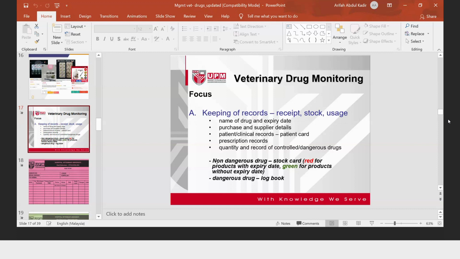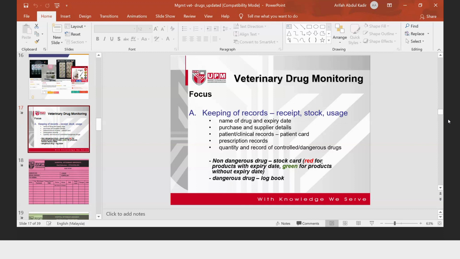And then in the pharmacy, we classify drugs into two. The dangerous drug, where we use a logbook, and the non-dangerous drug, where we use the stock card. The stock card is red in color. I'll show you later.